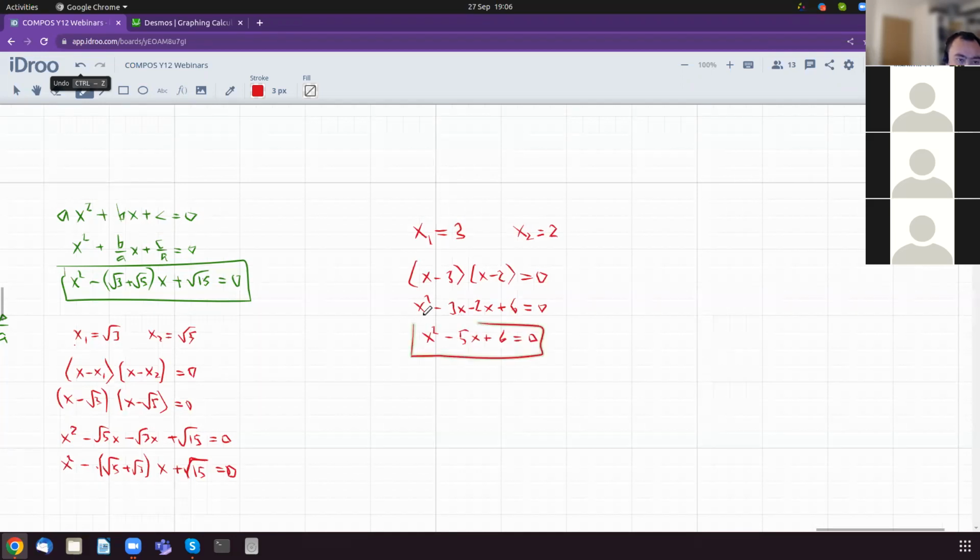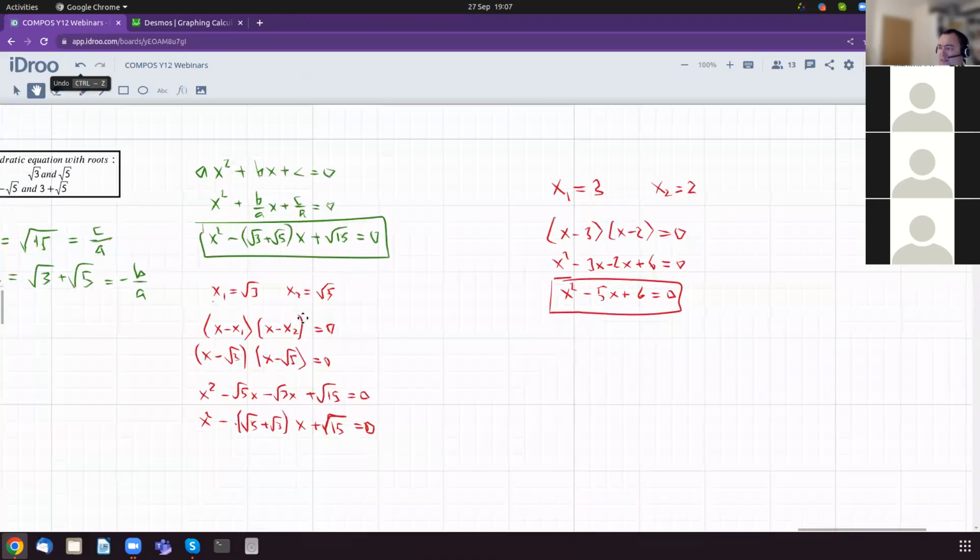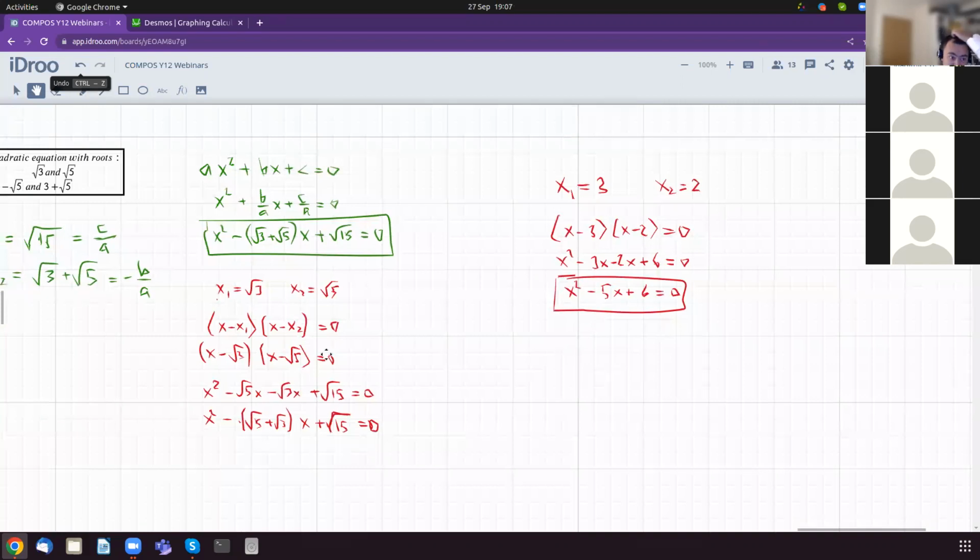This is the equation with two given roots. And it always works. It's just sometimes not easy to do.